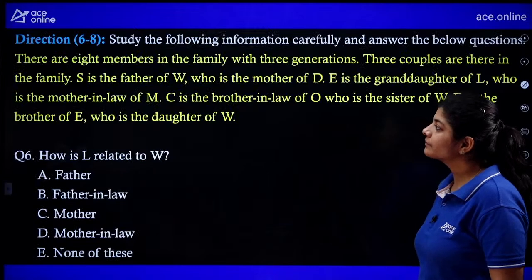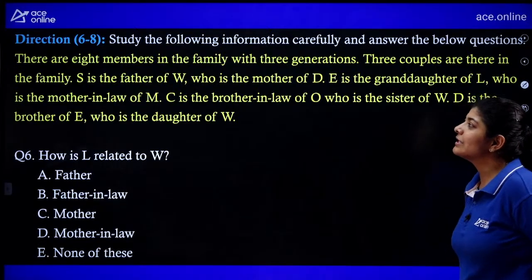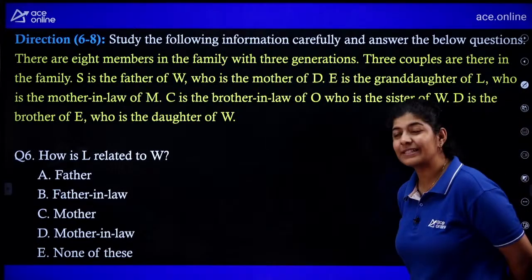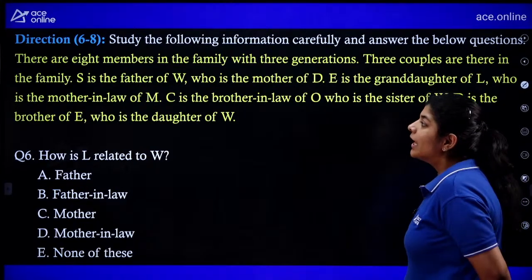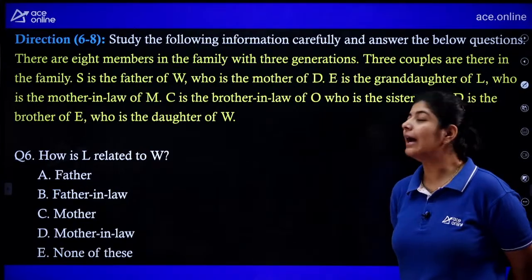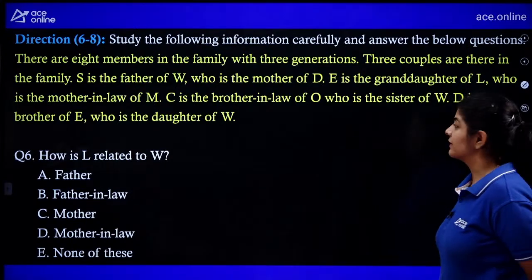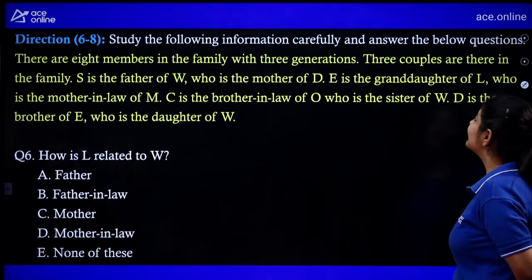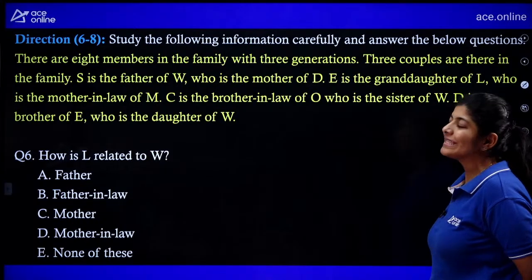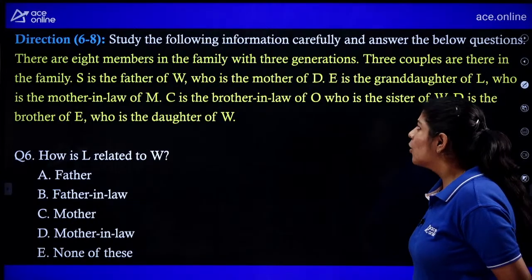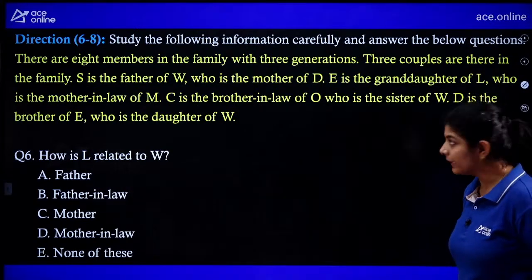Next. The next question is a small puzzle of blood relation. The question says that there are 8 members in the family with 3 generations. 3 couples are there in the family. S is the father of W, who is the mother of D, right? Okay.